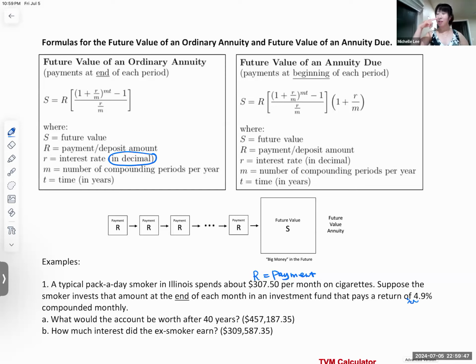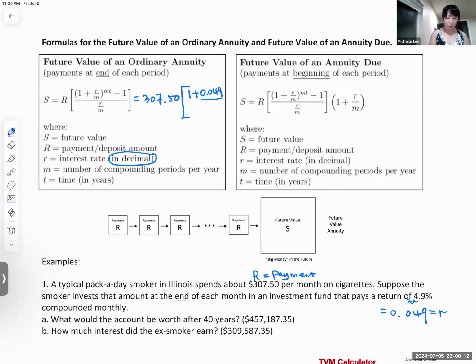So it's 0.049. Let's use R equal to 307.50, and 1 plus r over m, 0.049 over m.